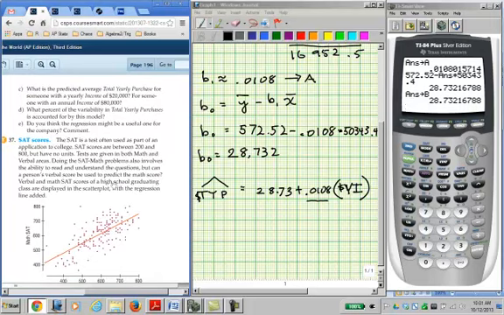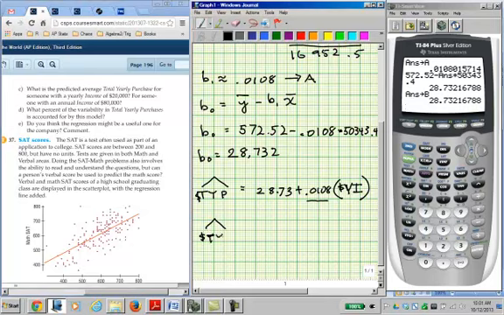What is the predicted average total yearly purchases for someone with a yearly income of $20,000? Estimated TYP in dollars is going to equal 28.73 plus 0.0108 times $20,000. There are a bunch of different ways to do it.